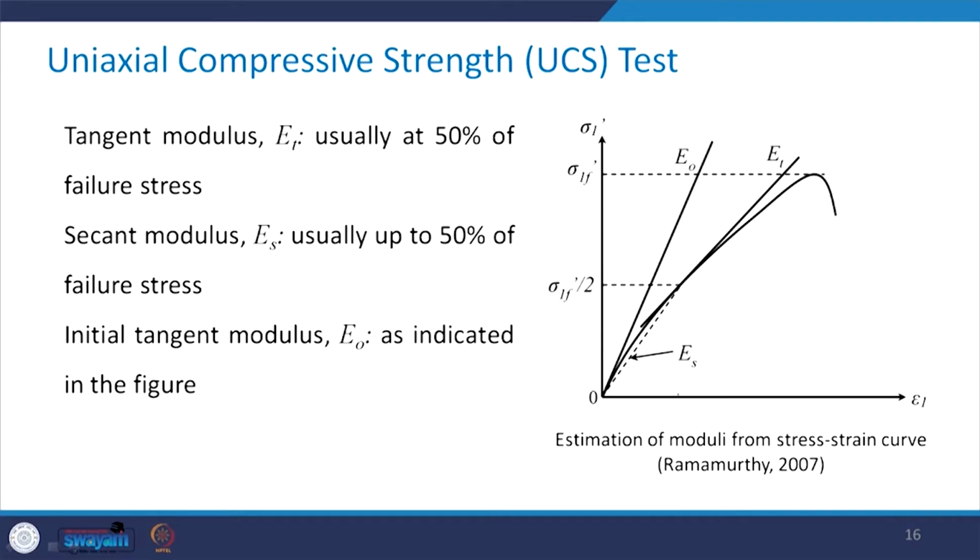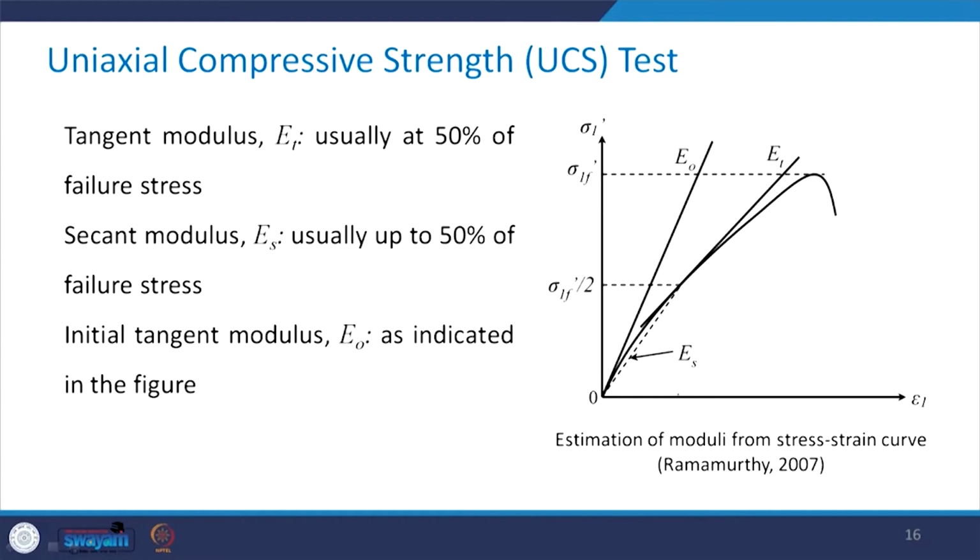Another important aspect which we get from the UCS test is the determination of the modulus. There are different types of modulus which have been defined, which are used in design and analysis. Those have been explained here in this figure.